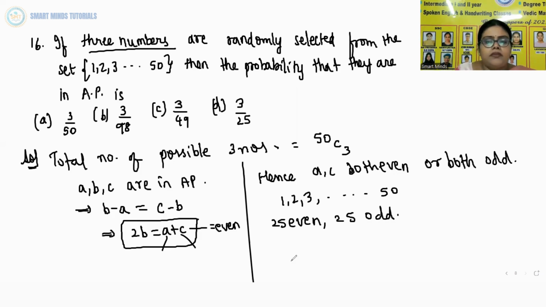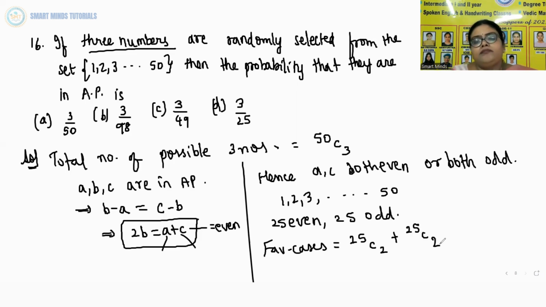Correct? So what are the favorable cases? The first case is from 25 even numbers, you are selecting two even numbers. The second case is from 25 odd, you are selecting two odd.